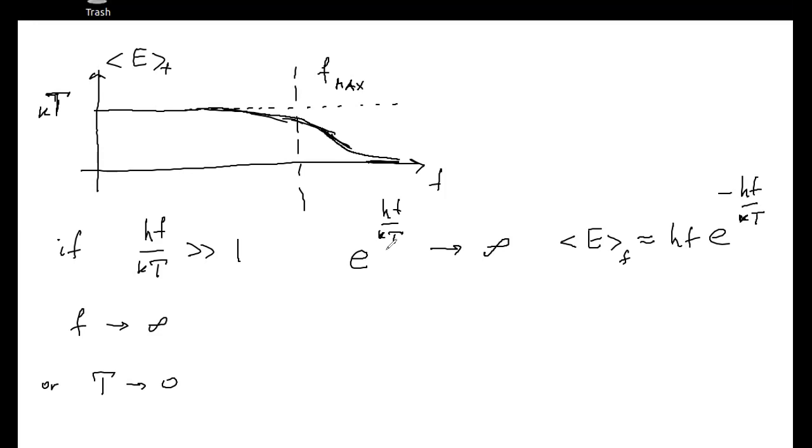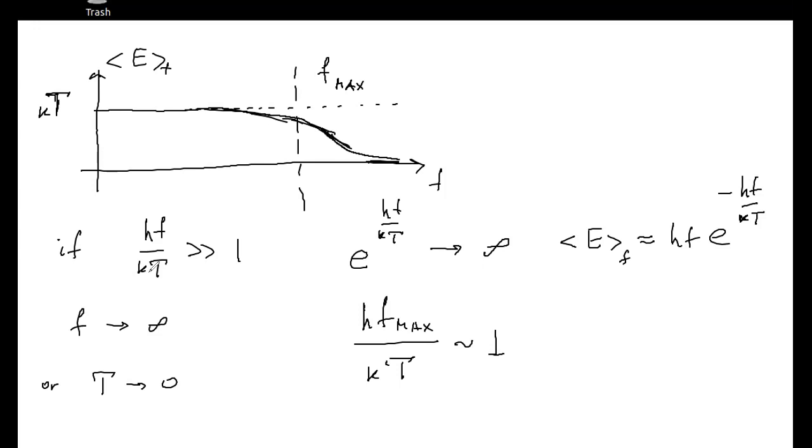When the exponent is large enough, then I start to feel that my distribution is going down. I can say hf max, but max may not be the best wording here. It's more like a typical or critical frequency. So the index of the exponent should be of order 1.